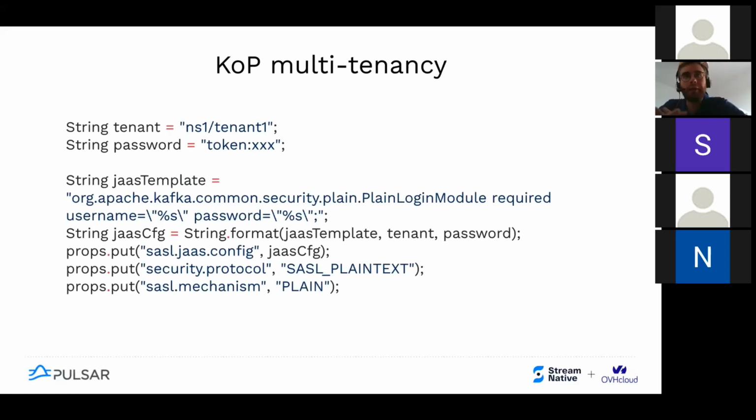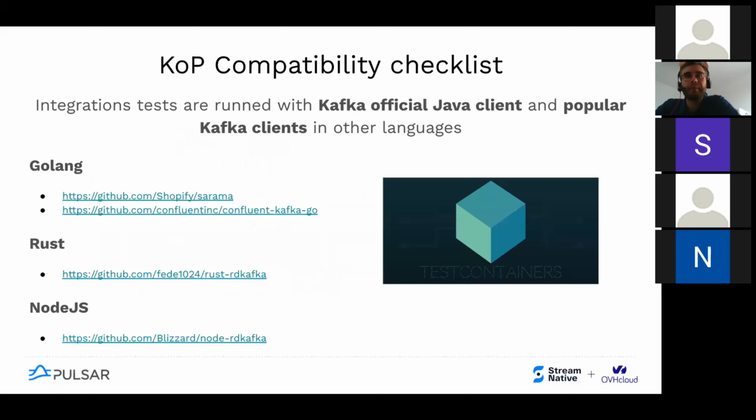So this is how it looks. You are giving a tenant and your token. There is this JAAS template, and you are just passing this into the properties file that you are using with your Java client. And we think a lot about all the users that are not using Java. So we implemented some integration tests, which are using Testcontainers.